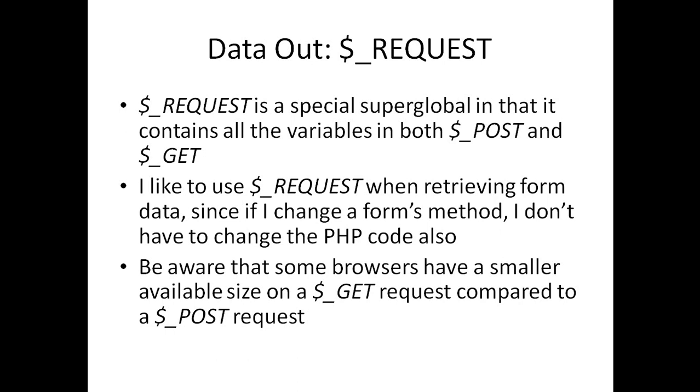I also put a bullet point in here which says, be aware that some browsers have a smaller available size on a GET request compared to a POST request. And I found that out the hard way. I had a GET request, method equal GET, on a form that contained a lot of variables.